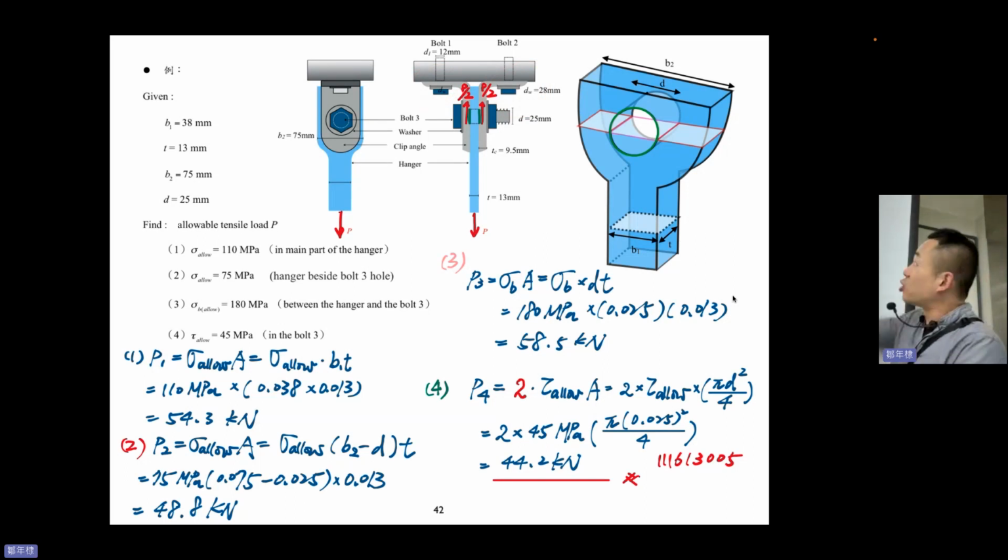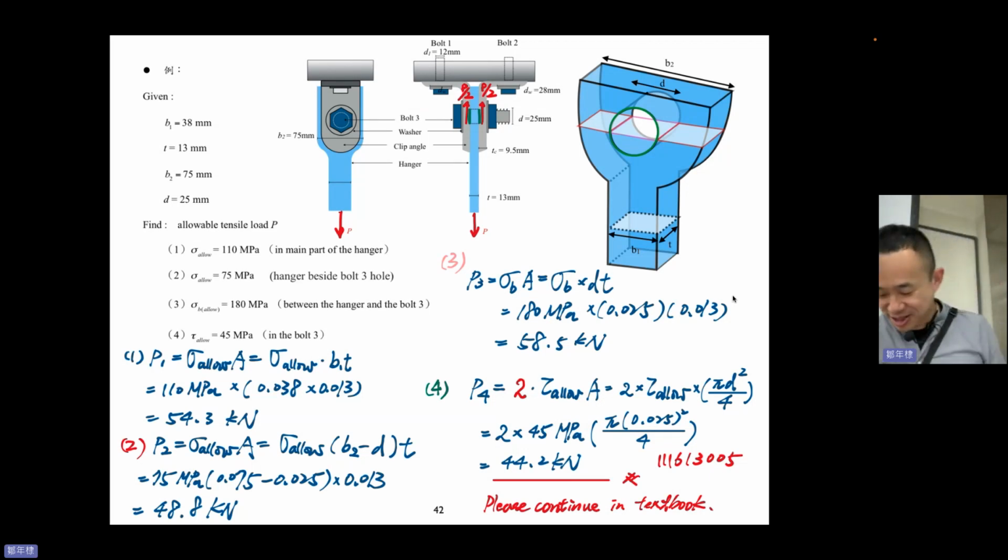After you calculate everything, maybe the answer is not this one. So please continue in the textbook.